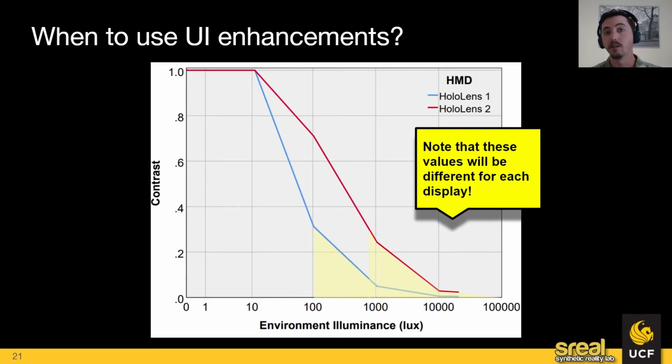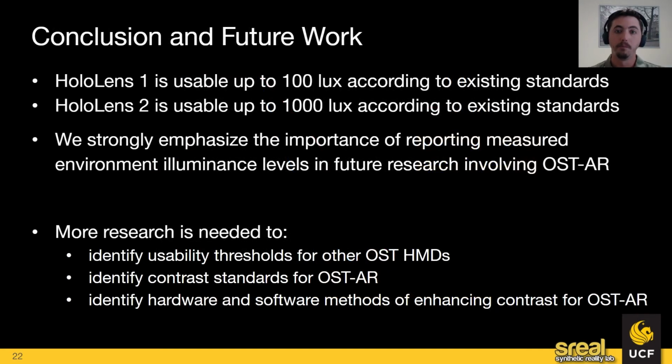These are going to be different for every single display that's out there. And we expect that as more and more optical see-through displays are implemented and we get our hands on them as researchers, similar studies to this are going to have to be repeated. That way we can see the range of illuminances in which they perform well and the range in which they perform not so well.